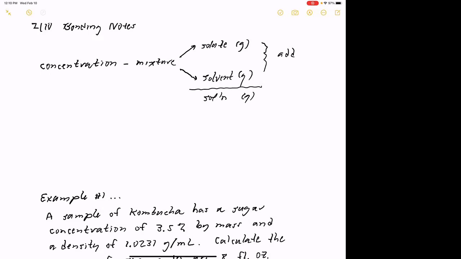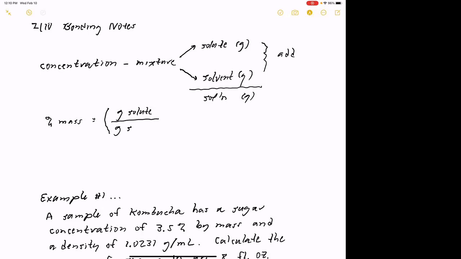Now, if I want to express a concentration of, say, solute in solution, one way I can do that is by way of something called a percent by mass. Okay, a percent mass. Now, what this is just going to be the ratio of the mass, and we'll just say grams of the solute, which is what gets dissolved, divided by the total grams of solution.